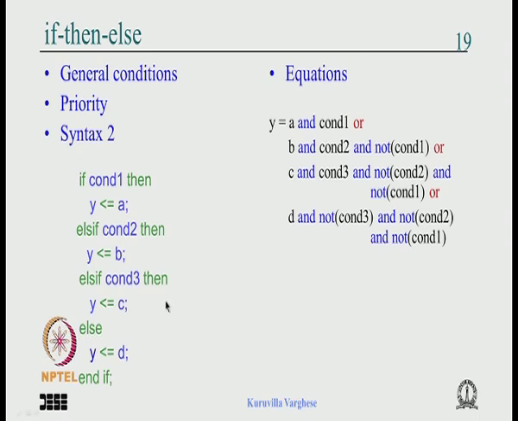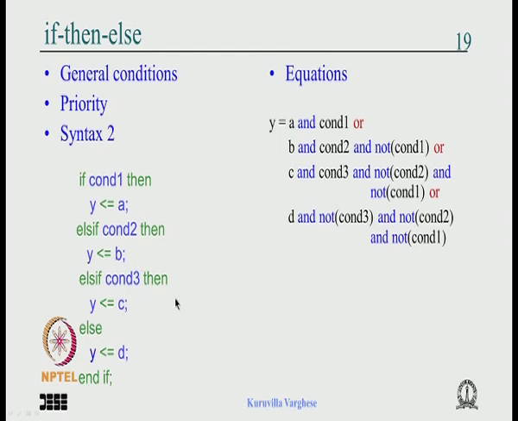And another thing, if you compare with a sequential language like C, you can in principle write, say here, if condition 1, then I can nest it. I can say another if, say if condition 5 under this condition, then Y gets A, else Y gets something else, and you say end if. So you can nest if everywhere: you can have an if here, if here, if here, and so on.